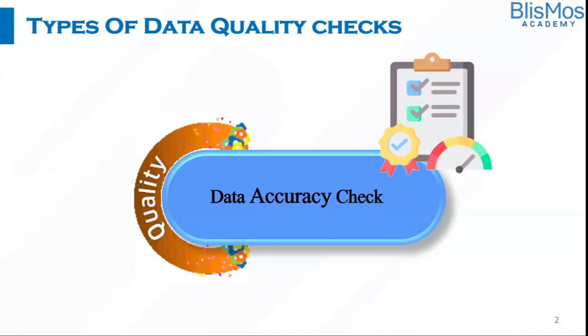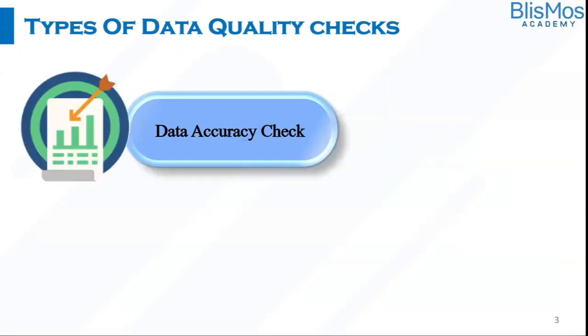We understood data accuracy check is a part of quality, right? Data accuracy check is a part of the data quality. What exactly is a data accuracy check? Why do we do it? Let us understand that.